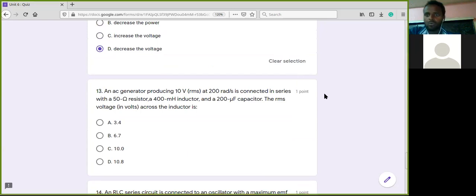So let's bring our calculator again. What is XL?